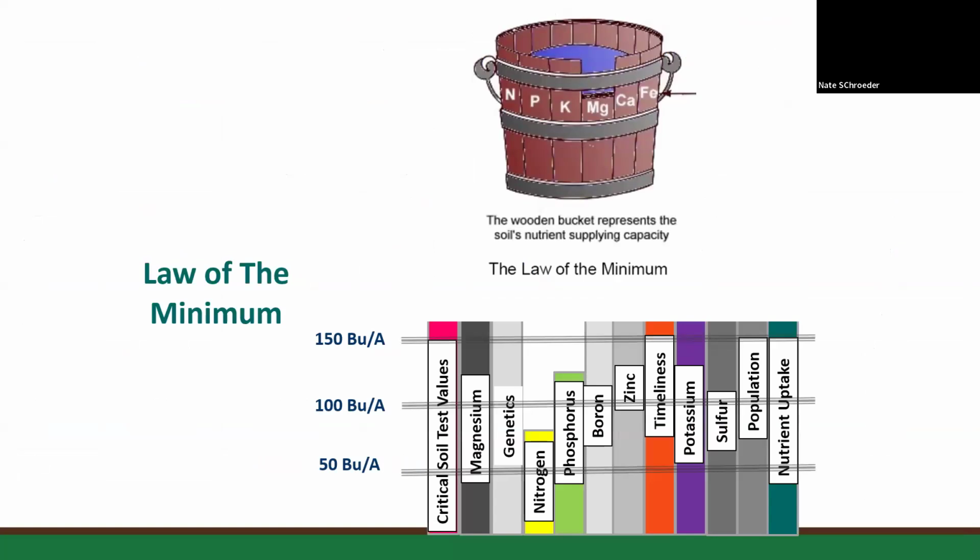Law of the minimum. This wooden stave, this is not something Nate Schroeder developed. This has been out here as long as I've been studying soil science and nutrient uptake, 30 years in the game. But I would like to redefine how we look at that. Again, a lot of our data is in that 180, 220, 150 environment.